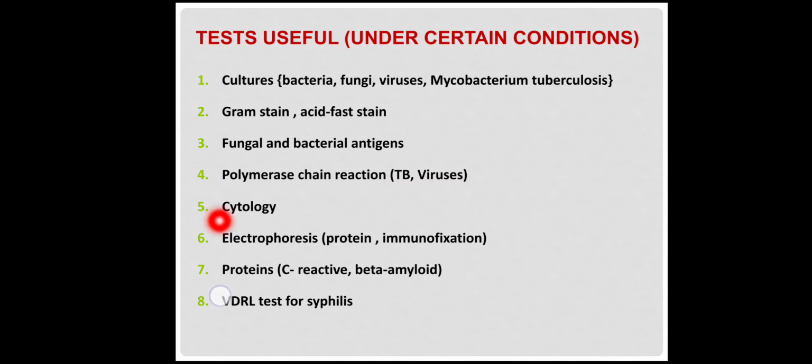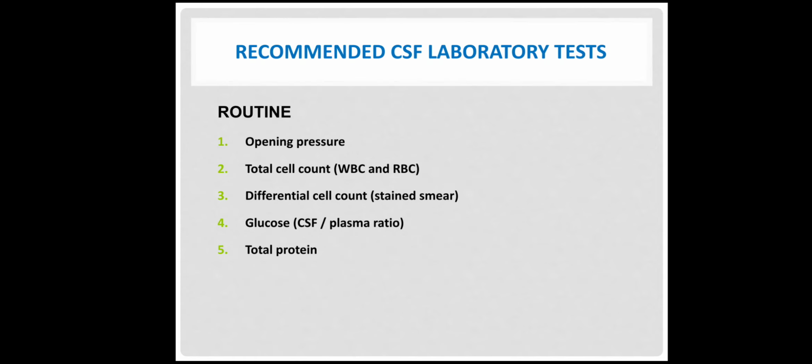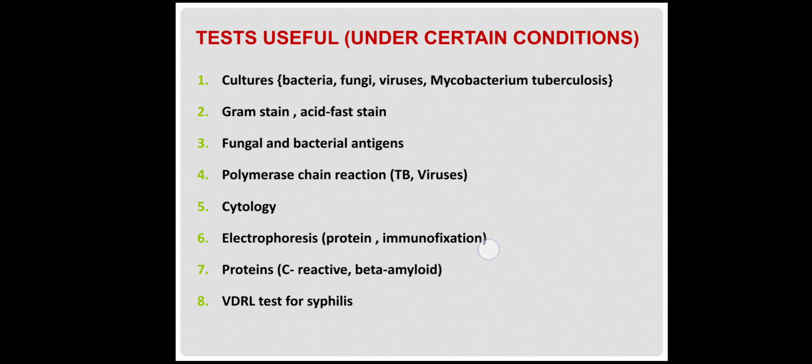Then cytology is sometimes done for infiltrative diseases, then electrophoresis is done sometimes to determine the oligoclonal bands which are generally seen in case of multiple sclerosis or Guillain-Barré syndrome. Then sometimes CSF proteins, C-reactive protein, and beta amyloid are also detected. And lastly, the VDRL test for syphilis can also be done on CSF. So these are the various tests which can be done on the CSF.